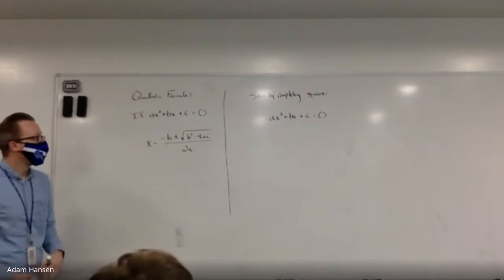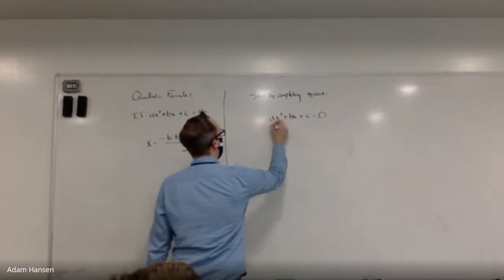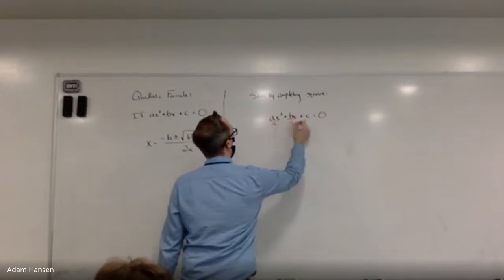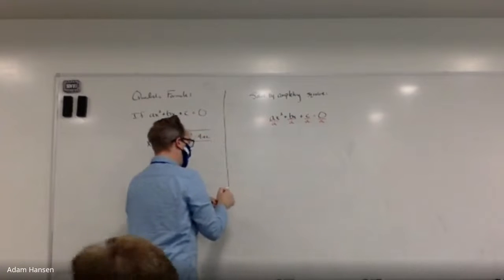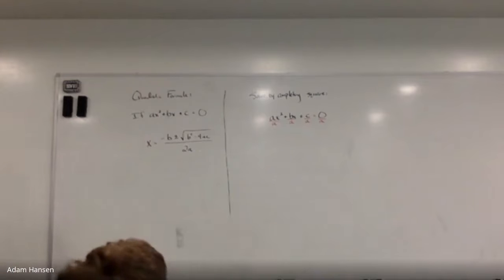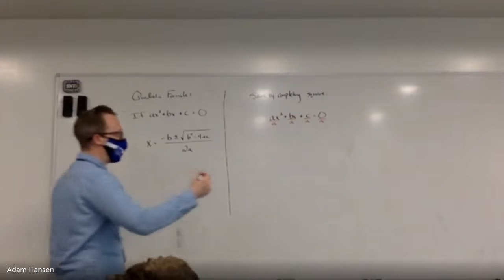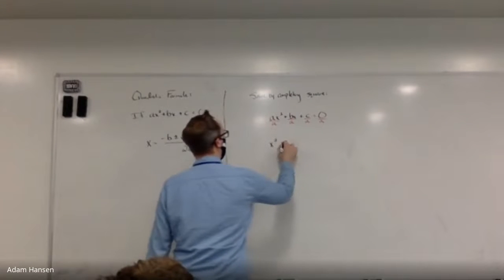Let's get started. I'm going to divide everything by a to get rid of that leading coefficient. I'm going to complete the square for any general quadratic equation, because that will give me a way to solve any equation using the quadratic formula.